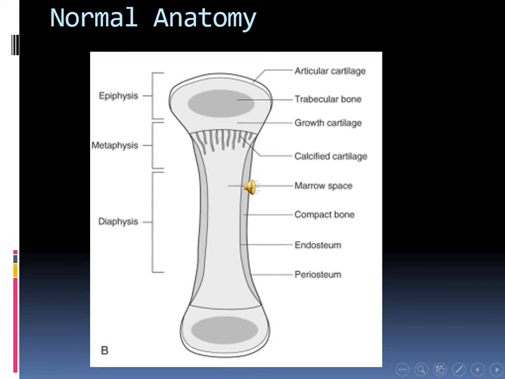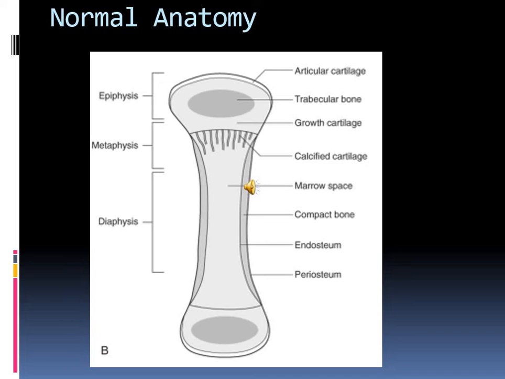In this diagram we can see the normal anatomical landmarks for the long bone: the site of the epiphysis at both ends of the long bone, and the site of the metaphysis just after the epiphysis, and midway we can see the diaphysis. Also we can detect the area of the cortex, which is on the surface of the bone, and we call it compact bone.